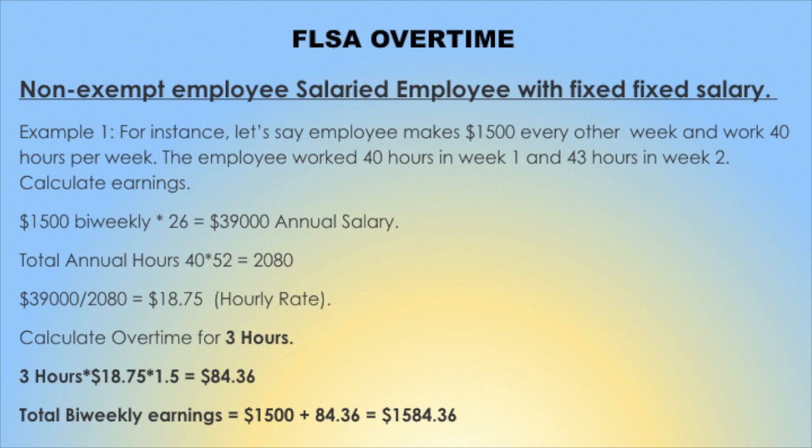And note that the 3 hours of overtime were not factored into the straight earnings of 1500. That's why we need to pay overtime at 1.5 times the hourly rate, which gives us $84.36. So we will add that 84.36 to 1500 and the total earnings are 1584.36.